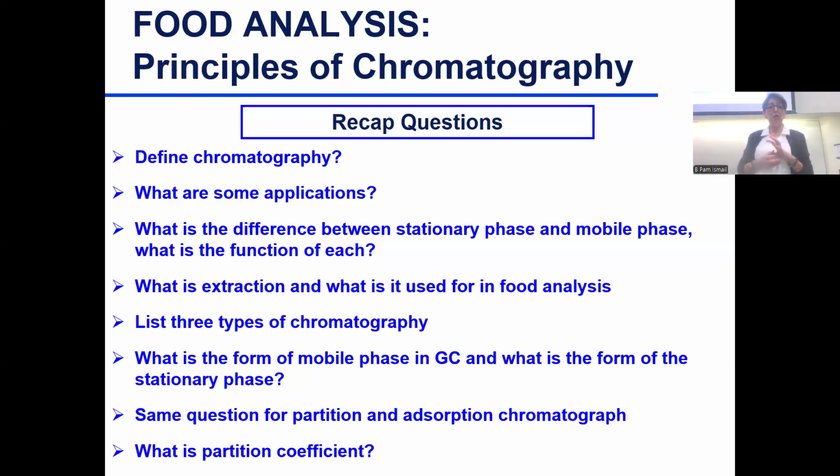What about partition chromatography, or partition in liquid chromatography? In partition chromatography, you have a liquid stationary phase and a liquid mobile phase. In adsorption chromatography, you have a solid stationary phase and a liquid mobile phase. And partition coefficient, anyone remember that?